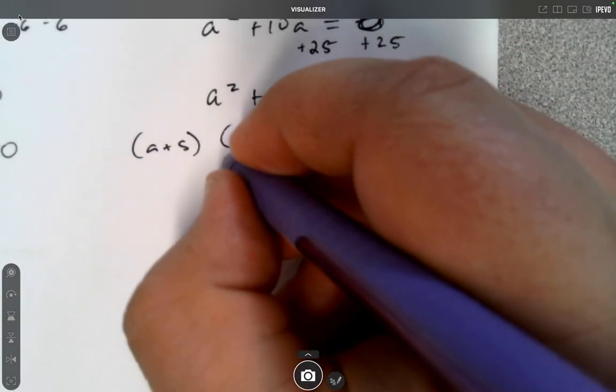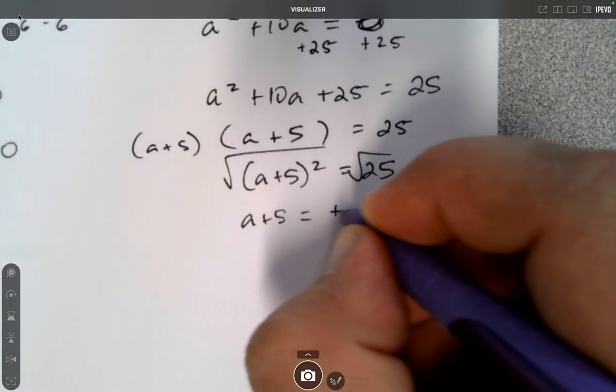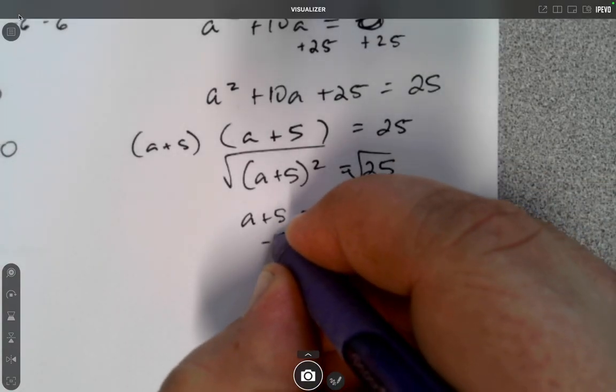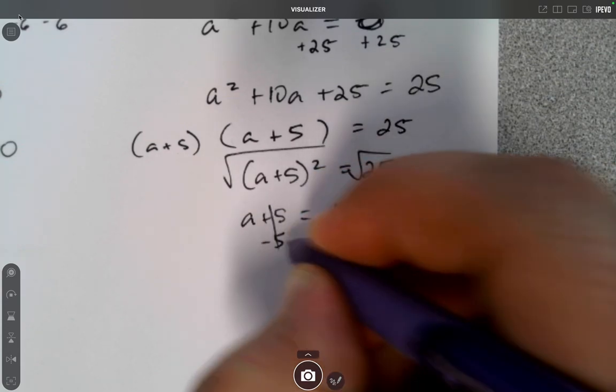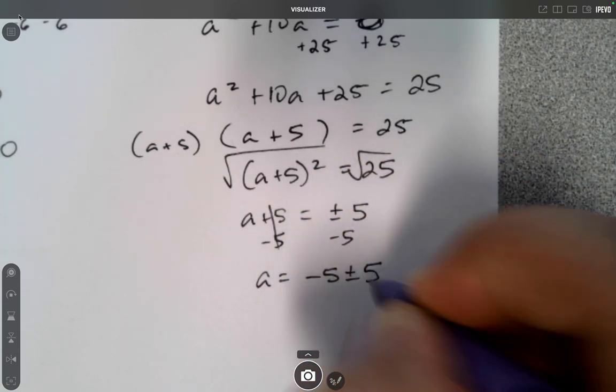Then we take the square root of both sides and get a plus 5 equals plus or minus 5. Then to get a by itself, we'll subtract 5 from both sides. And we get -5 plus or minus 5.